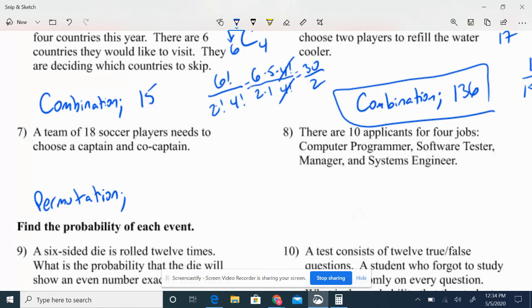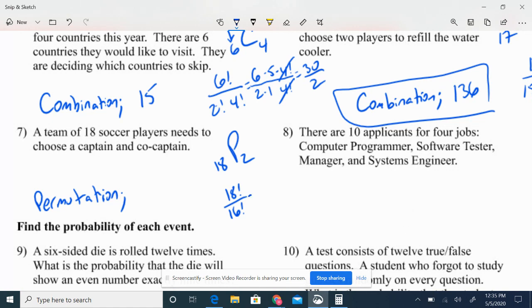Now I'm doing permutation. I'm doing 18 permutation 2. Now, how do we do this? I'm just going to go 18 factorial over 16 factorial. At the bottom, I just did the 18 minus 2. I don't do 16 factorial and 2 factorial. It's only 16 factorial in permutation.